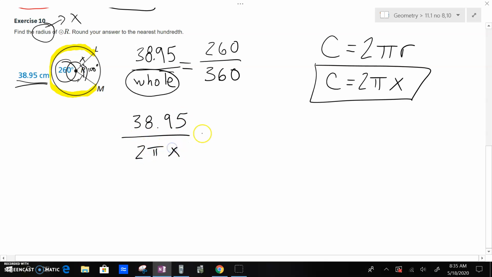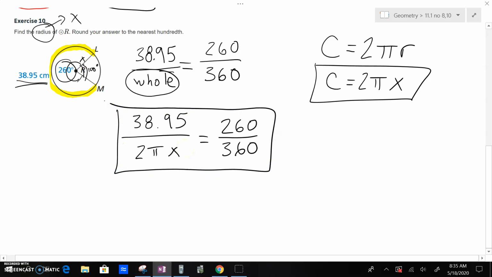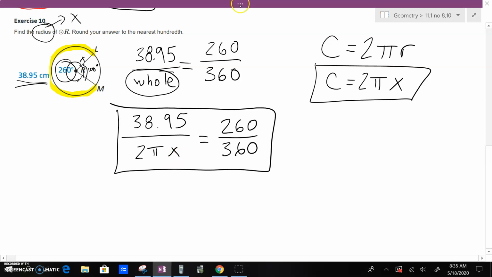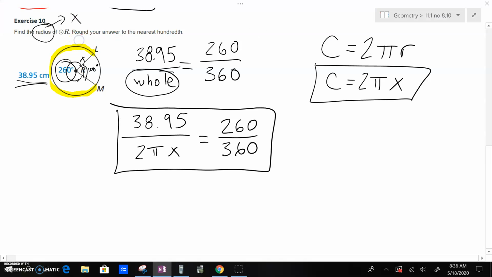And this is tricky. They are asking you not to actually figure out what the radius is. They're actually asking us to just put 2 pi r or 2 pi x in for the whole circumference. And then what we're looking to do is get x all by itself. So once you've got the setup, then okay, can you deal with the fractions? There's lots of different ways to do fractions. When I see an expression like this one where I've got something in the denominator that has a variable, I'm going to cross multiply.